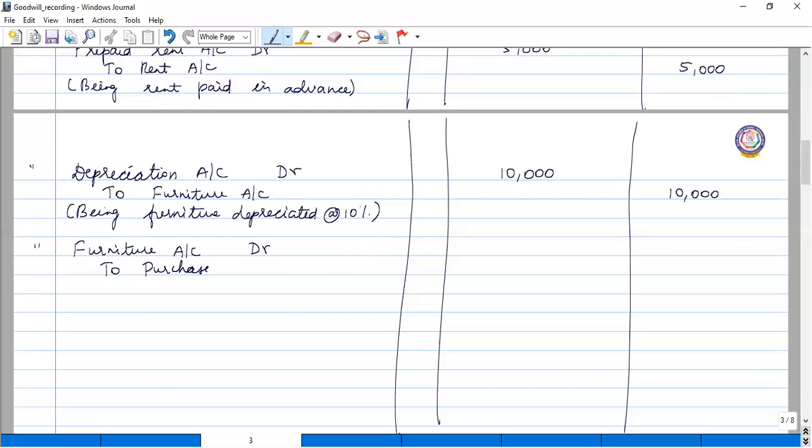Mention the cost price, 4,000, because we are not selling it, we are just using it for making furniture for our own enterprise, so we consider only the cost price. Being goods costing rupees 4,000 used in making furniture.